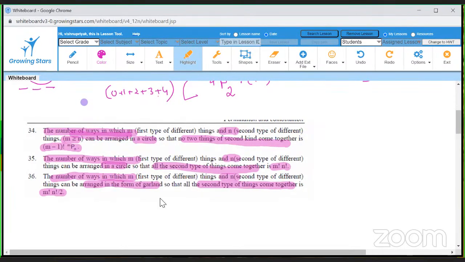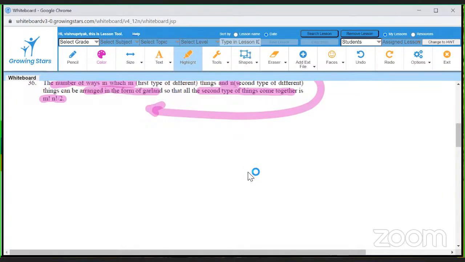Half of this. These all come under circular permutations. Now I am not explaining much about this, but when we come to do questions with all these formulas, I will explain.